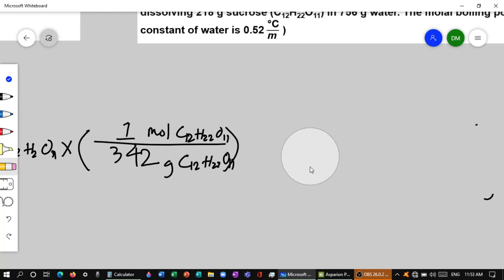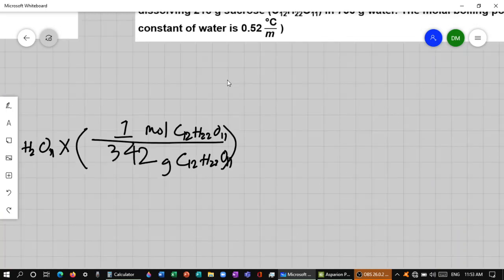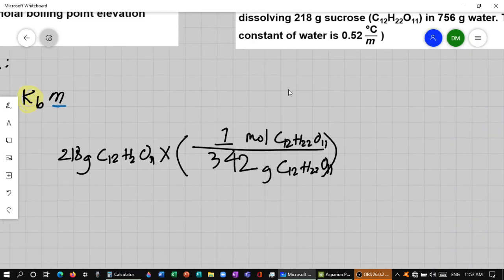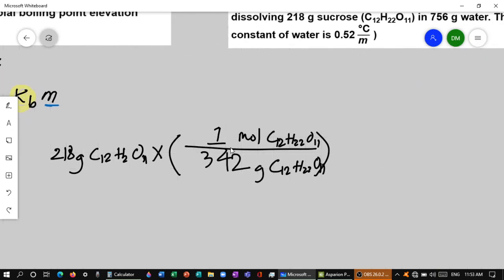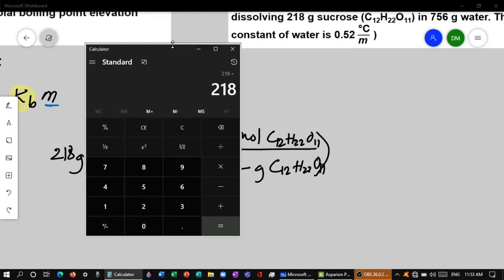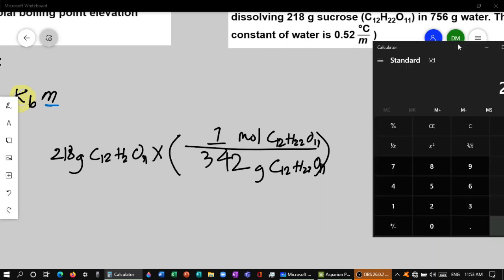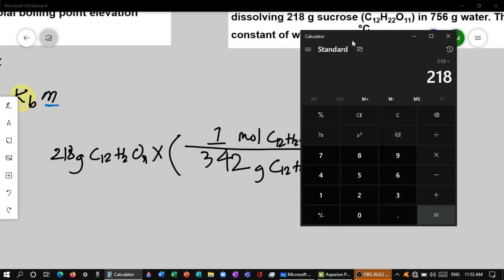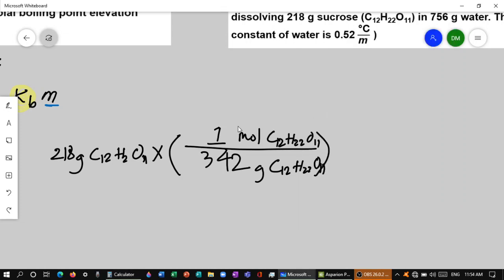Now we can convert this one. So that's 218 divided by 342. The answer is 0.64.